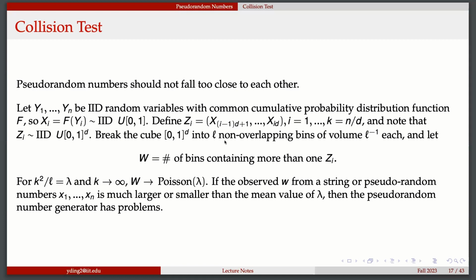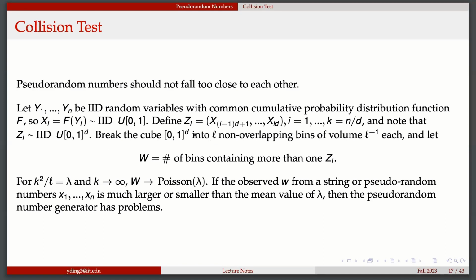Of course, these pieces will be L pieces, and each piece will have volume 1 over L, so with the same volume inside. Then you try to see how many zi are inside this bin.